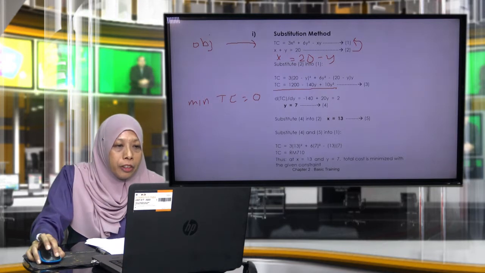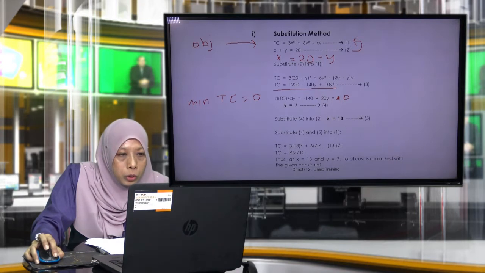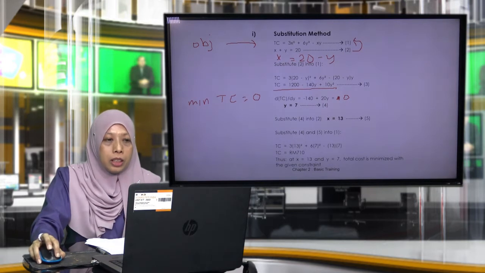Differentiating negative 140y will give you negative 140. If you differentiate 10y squared, you will get 20y, and this should be equal to 0. So if you solve this equation, you're going to get y equals 7.